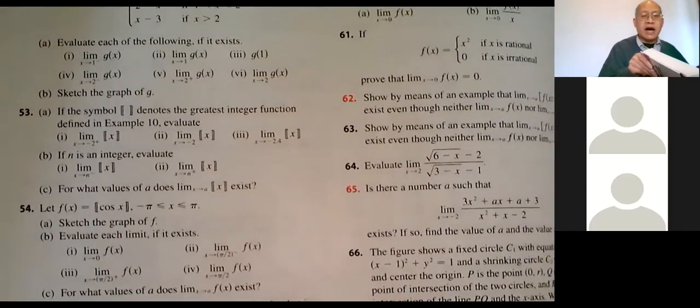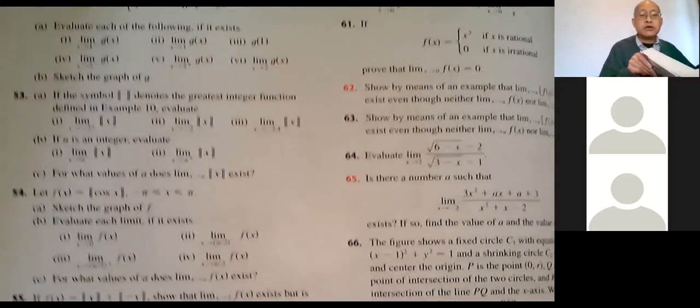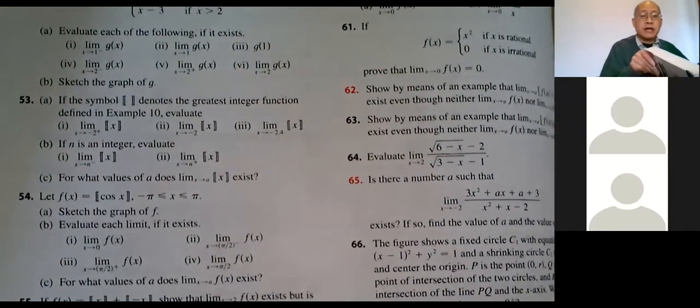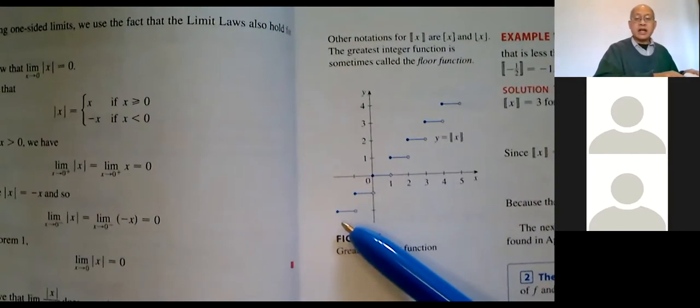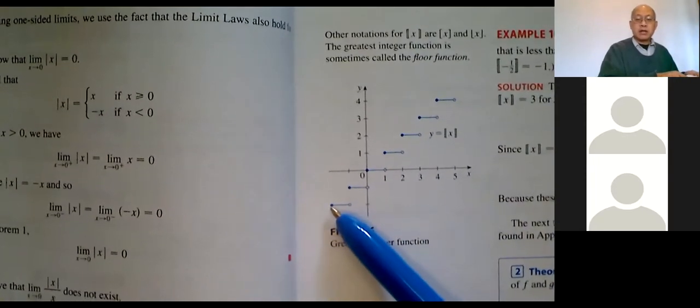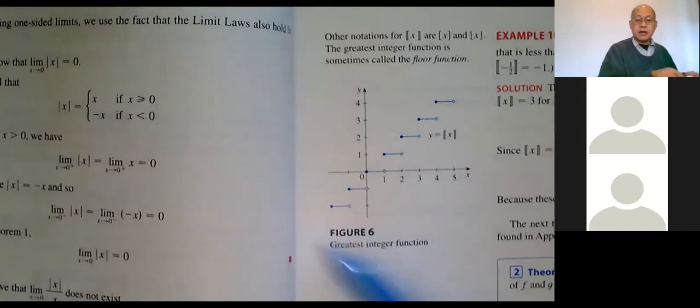53A II, two-sided limit. Look carefully, there's no plus or minus next to the negative 2. So the two-sided limit doesn't exist at any integer, because you're jumping at every integer. They don't show it, but there's another piece down here.